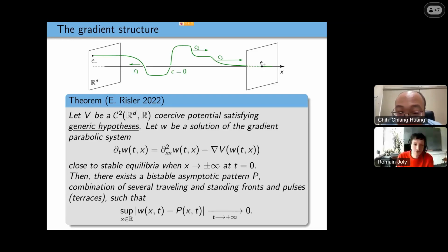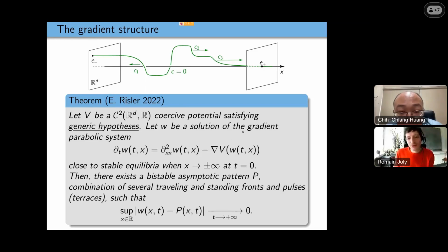Okay, so for this gradient system, the result of Emmanuel Rissler says that if the standing pulse connects a stable equilibrium point, so you have stable here and stable here, and you make a pulse, it is somehow locally stable. I expect that this is true.